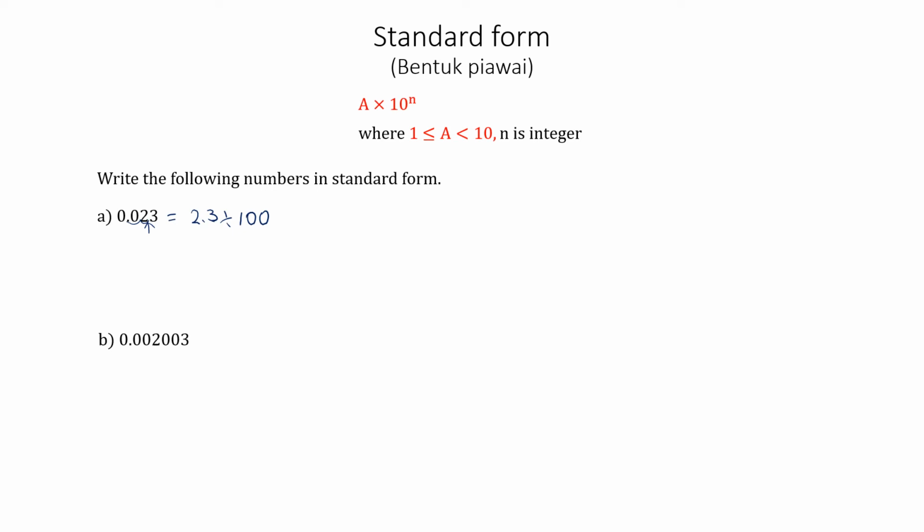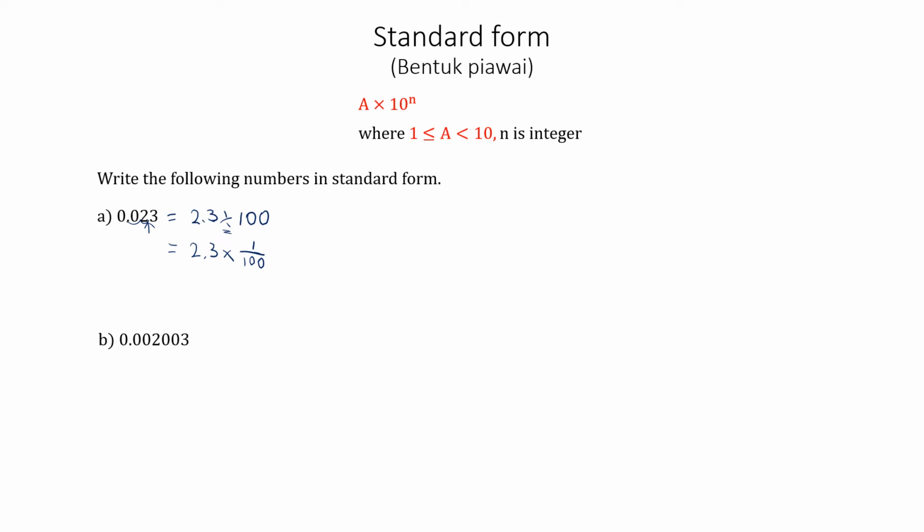And because in standard form we need to write the number as a times 10 to the power of n, we don't want to divide, so we need to change it to multiply. When division changes to multiplication, you just flip the numerator and denominator.